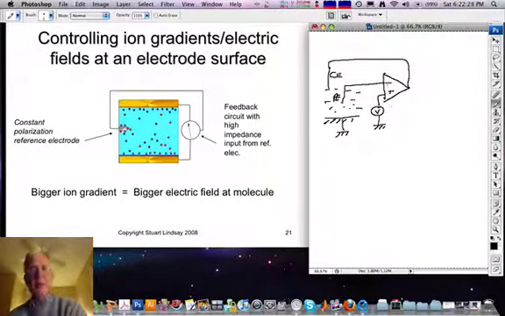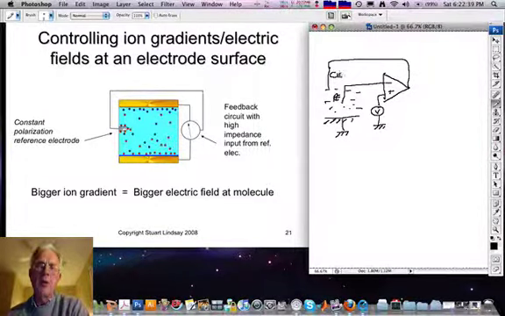Now remember, with negative feedback, the reference electrode connected to the inverting terminal, the operational amplifier will drive its output, i.e. this counter-electrode, to whatever potential is needed to make the voltage difference between these 2 terminals equal to 0. In other words, it will set the potential of the counter-electrode such that the potential difference between this electrode and the reference electrode is precisely V volts.